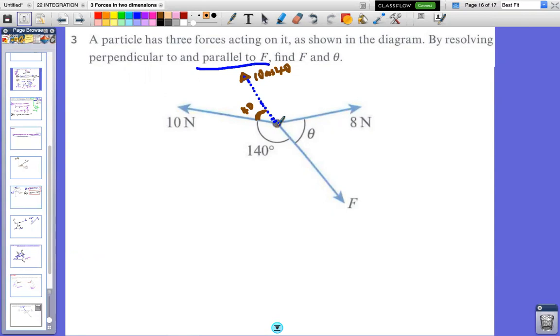It will have a component that is perpendicular to F. And you can find this angle. This angle will be 50. So this will be 10 cos 50.